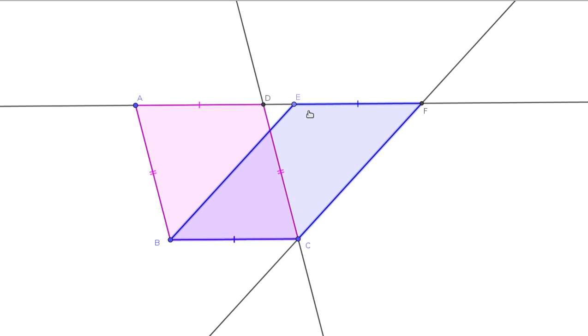What that means is that by our common notion number one, side AD is going to be congruent to side EF. We also have from that proposition that side AB is congruent to side CD, because those are opposite sides of the same parallelogram.